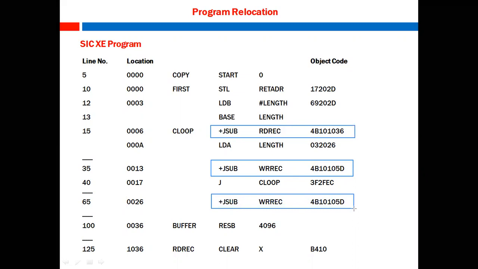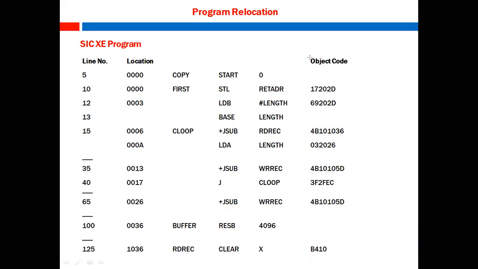Format 4 instructions will usually be relocated because they have the base address plus they have relative addressing also. So format 4 will go for relocation. You need to remember that. Now we will see +JSUB RDREC, then whatever object code is referenced.